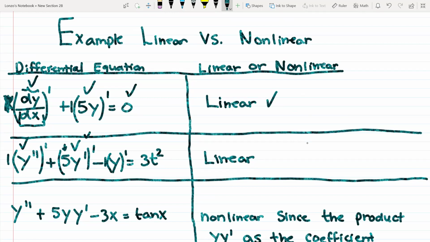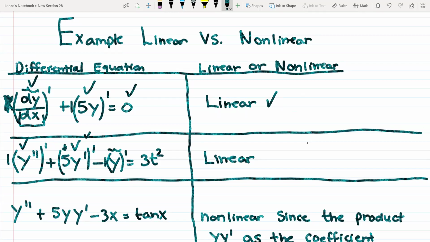I keep forgetting. Is this the independent or dependent? I think this is the independent. As long as the coefficient doesn't have a letter in respect to the independent variable, or whatever the letter on the top is, right?